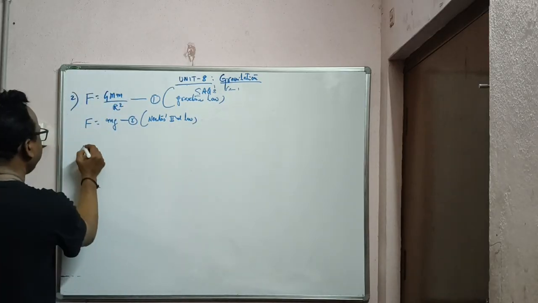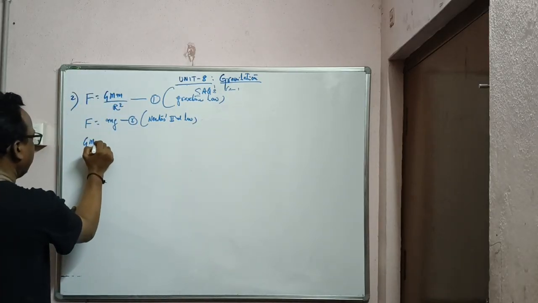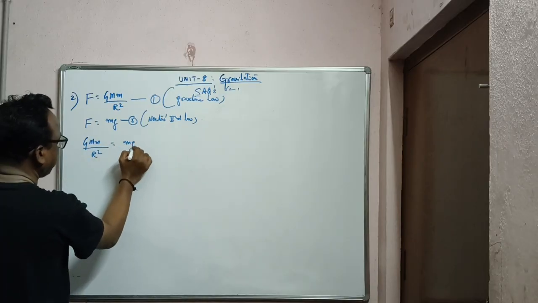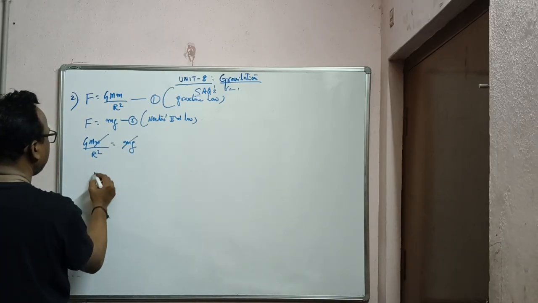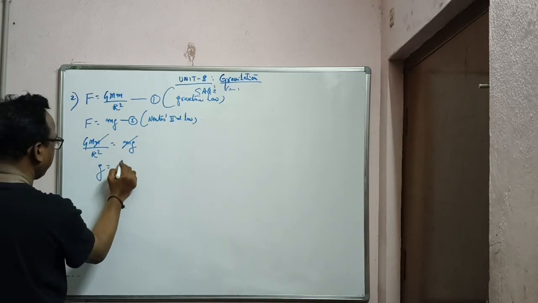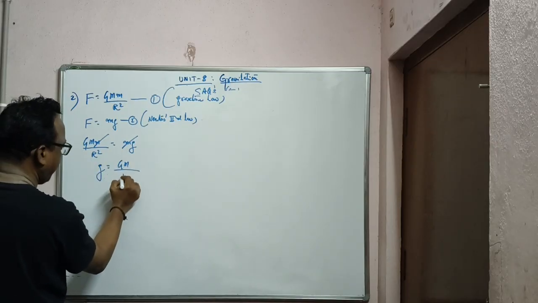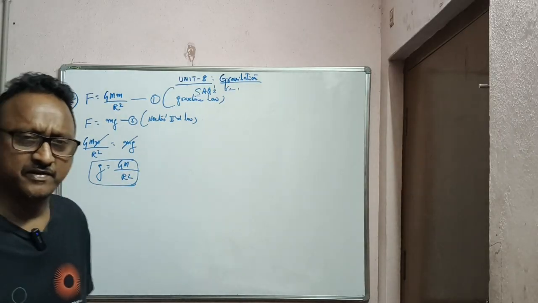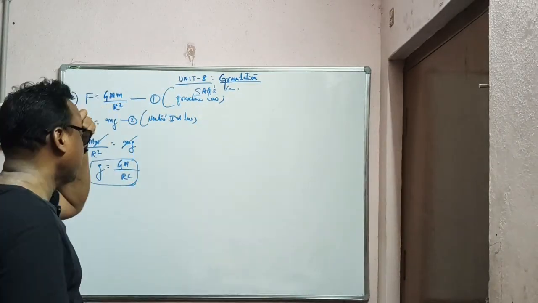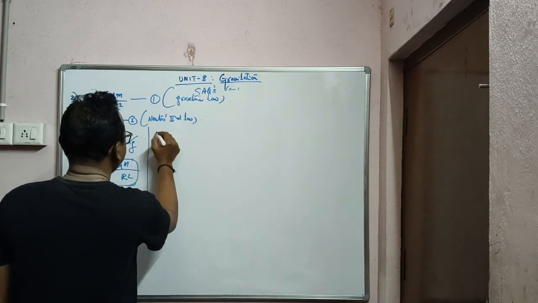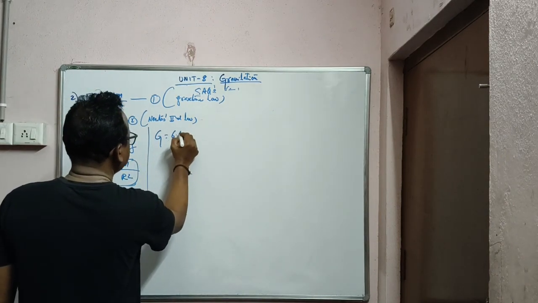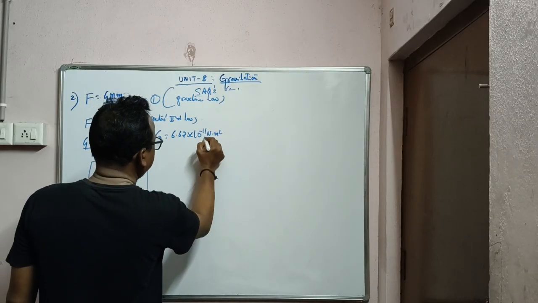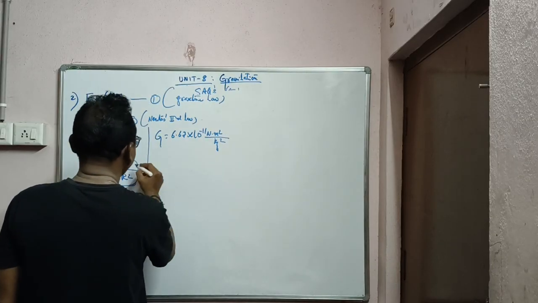Now combining both equations, what happens? G capital M m by r square is equal to m into g. Therefore g is equal to capital G capital M by r square. Here g is acceleration due to gravity, small g, and capital G is the universal gravitation constant. If you want the values, G is 6.67 into 10 to the power minus 11 newton meter square per kg square.